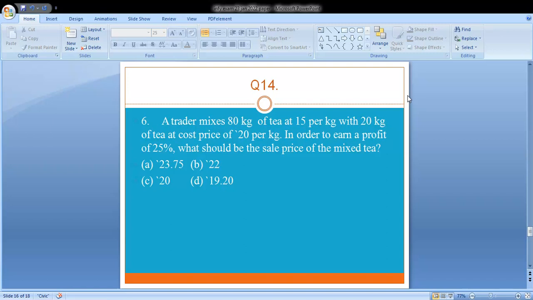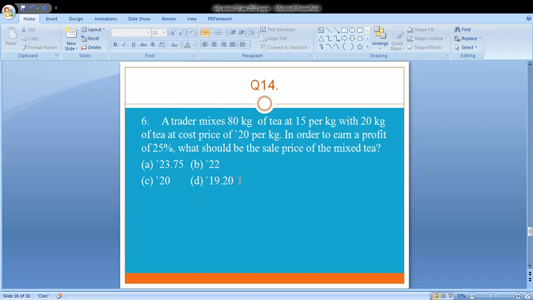A trader mixes 80 kg of tea at 15 rupees per kg and 20 kg of tea at 20 rupees per kg. In order to earn a profit of 25%, what should be the selling price of the mixed tea? This is an alligation and mixture question, but I'm doing it in a normal way. There are two types of tea, right?